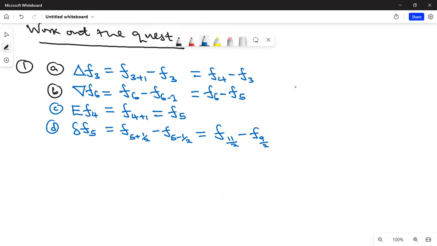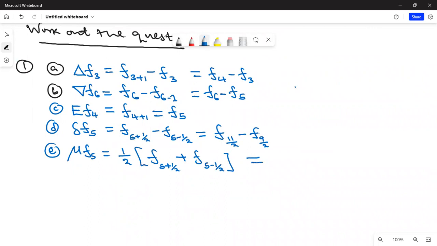We also have the other part, part E. We have mu of F5. Just from the definition, it is 1 over 2 of F of i plus 1 over 2, our i here is 5, then plus F of i minus 1 over 2. Our i is 5.